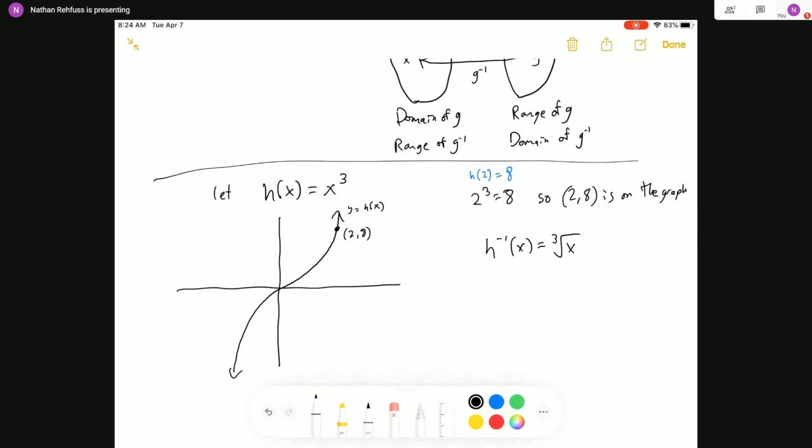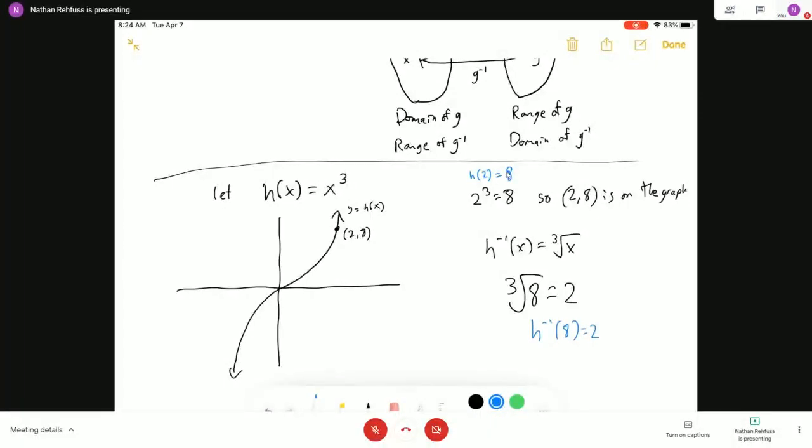Because if 2 cubed equals 8, then for example, the cube root of 8 equals 2. And that, of course, is h inverse of 8 equals 2. That undoes h. So if I put the output into h inverse, I have to get the input back. So it undoes this process. We're running the factory line in full reverse.